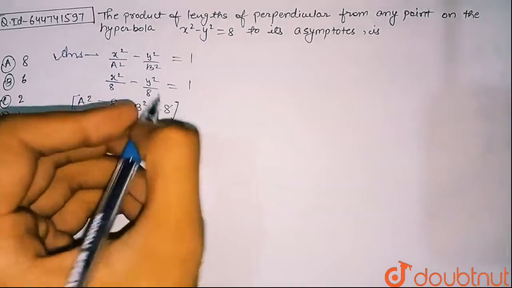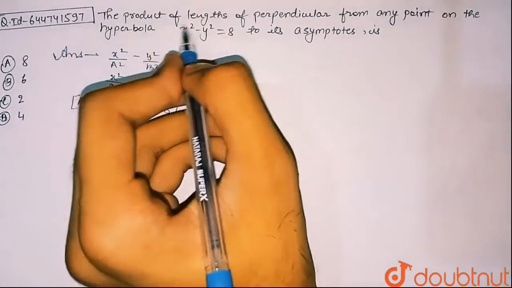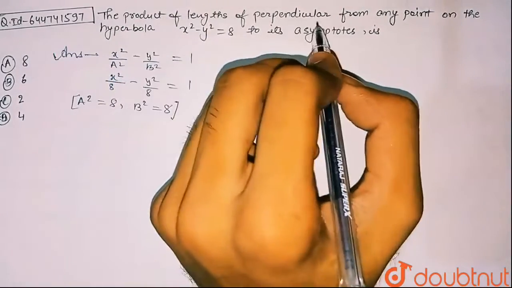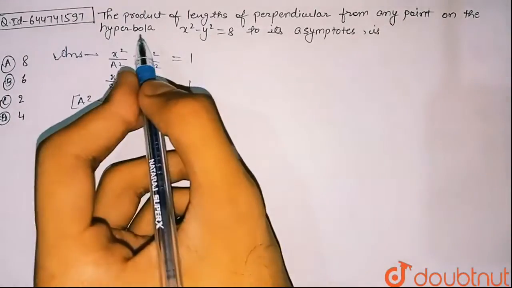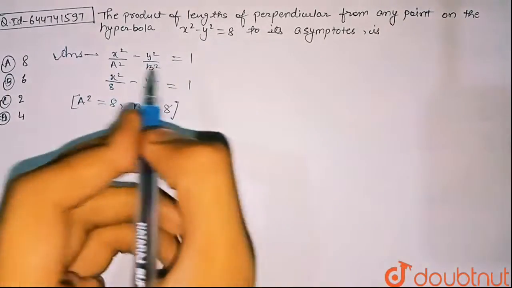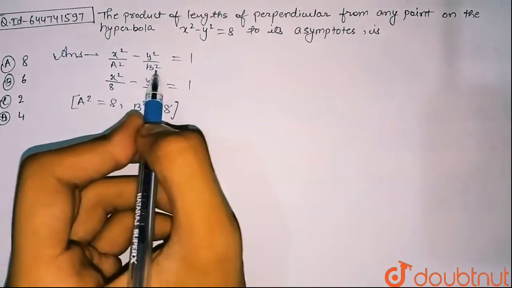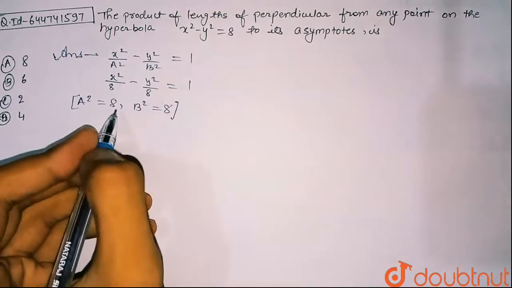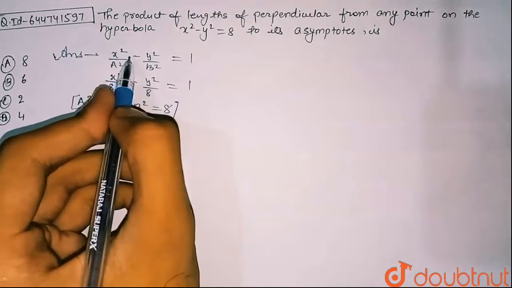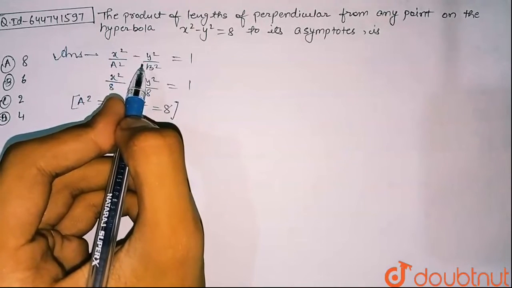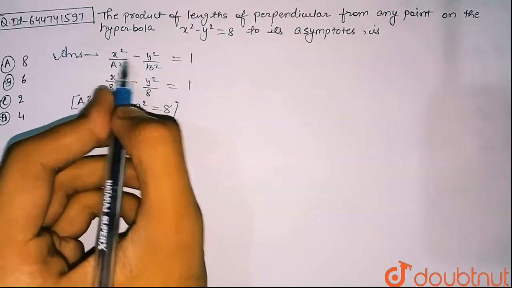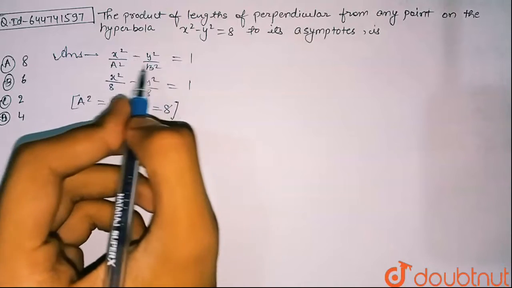Now according to our question, we have to find the product of length of perpendicular from any point on the hyperbola to its asymptote. So we will solve this question for this equation and then we will just substitute this a square and b square. The equation of asymptotes can be found by equating the highest degree terms to 0.